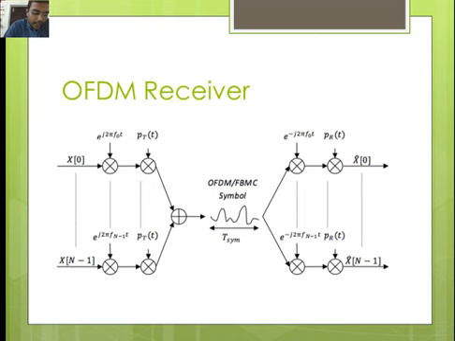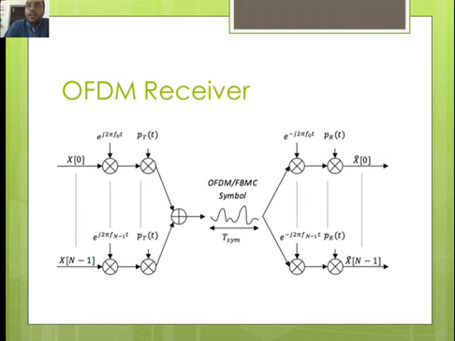Now we are bringing a new variable, T, into the discussion. From the beginning we worked with a variable called T symbol, which is the length of an OFDM symbol. As you remember, in practice the actual length of an OFDM symbol is not just T symbol.